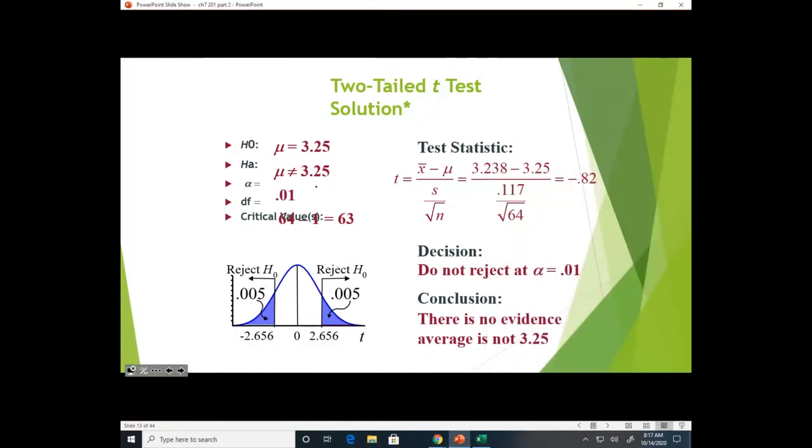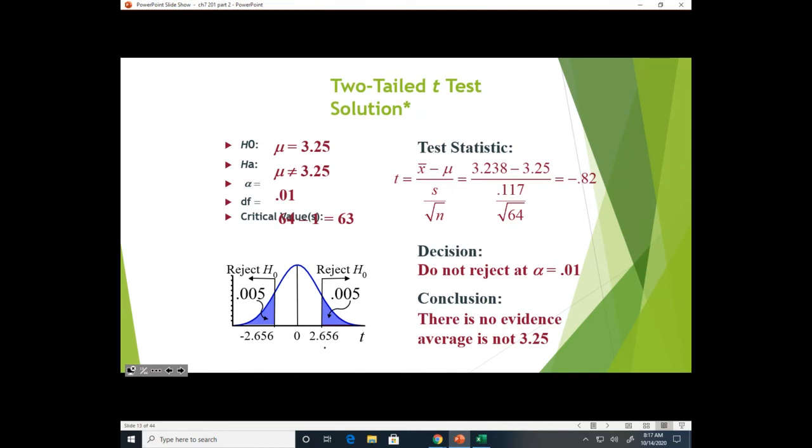So the null hypothesis was that the mean equals 3.25 pounds. The alternative hypothesis was that mu does not equal 3.25, and an alpha of 0.01. Slide got messed up. Our degrees of freedom is 64 minus 1, which is 63. We pull our critical value from the student t distribution.